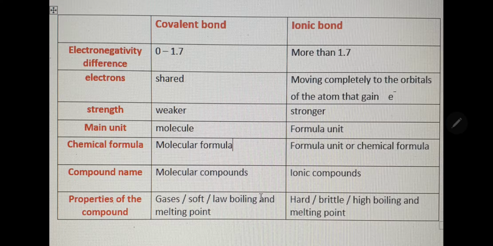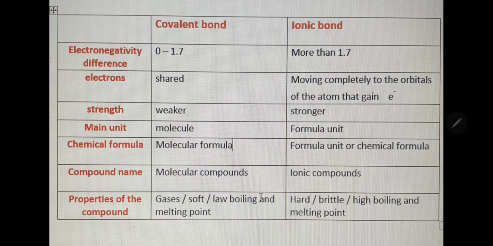About the strength, the ionic bond is stronger than the covalent bond, as we said before. The main unit in a covalent compound is a molecule, while for an ionic compound it is a formula unit.